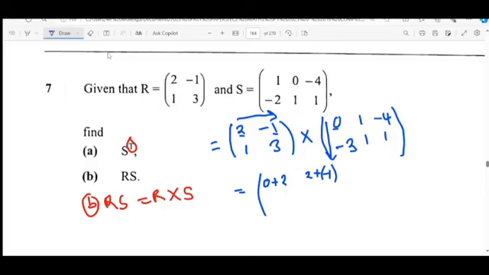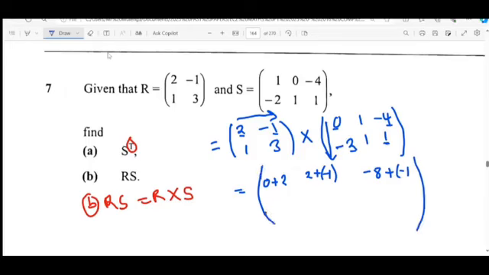Again, row by column, the last entry: 2 times -4 gives -8, plus -1 times 1 gives -1. Then I can cross out because I'm done multiplying there.